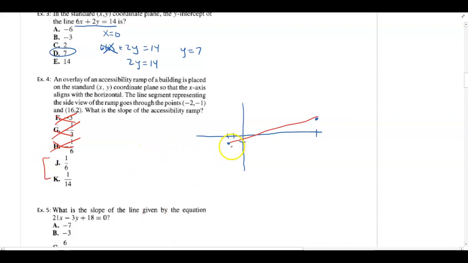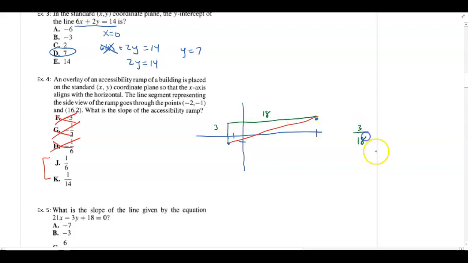Now I can go rise over run, which my rise would be to go from -1 to 2 would be 1, 2, 3. And then my run would go from -2. So my rise, let me do it in a different color. My rise would be 3. My run would be 18.